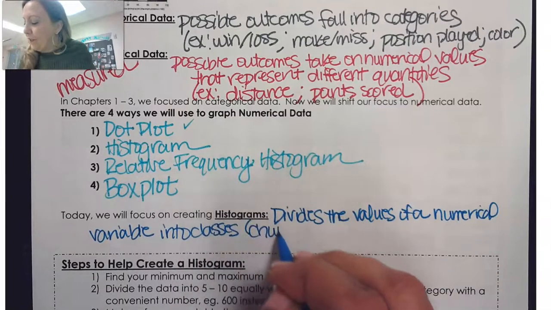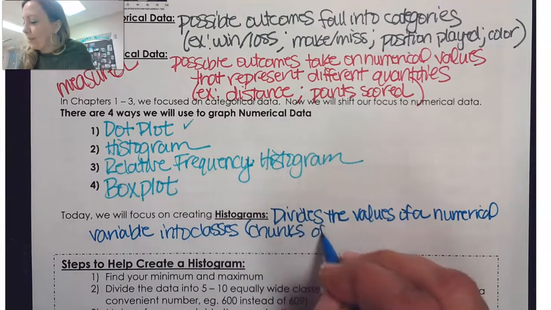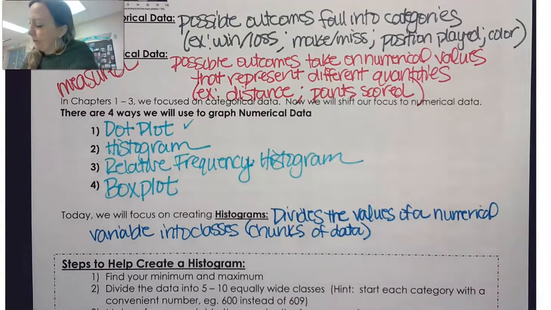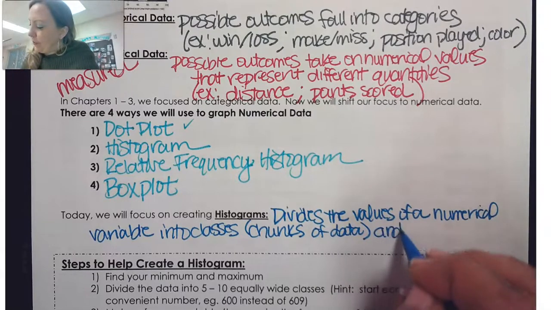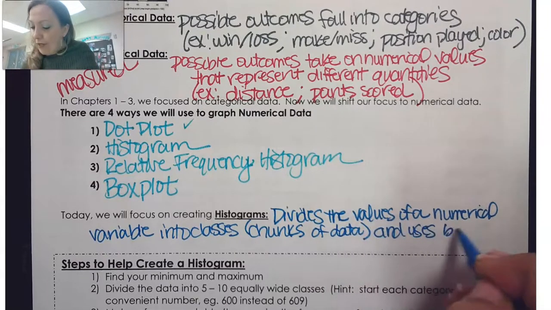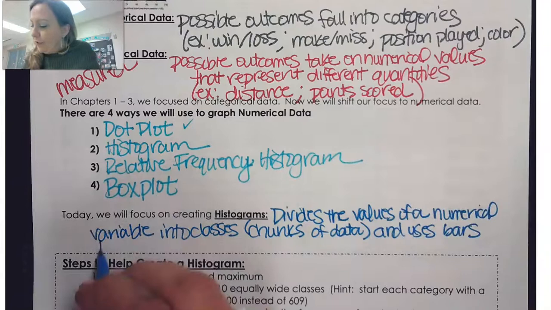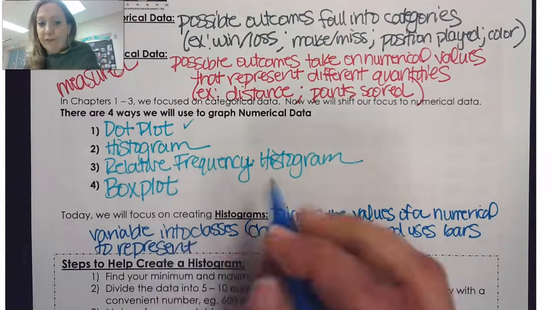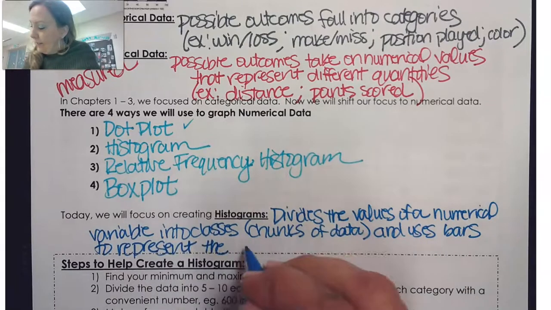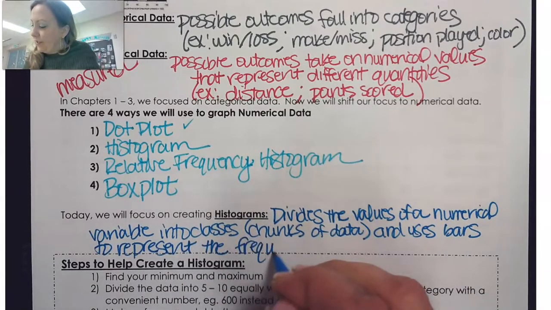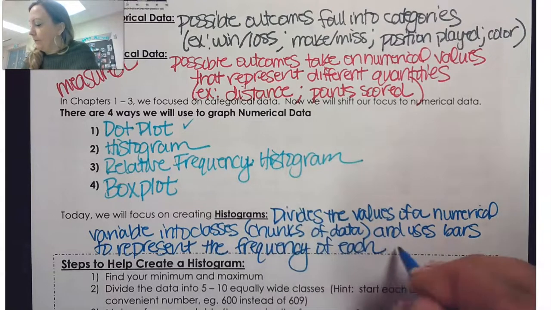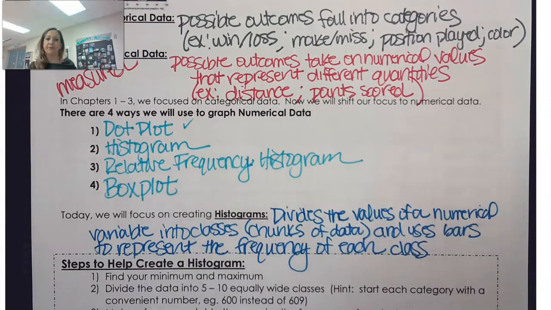And I refer to these classes as like chunks of data. And what we do is it uses bars to represent the frequency of each class, or of each of the chunks.